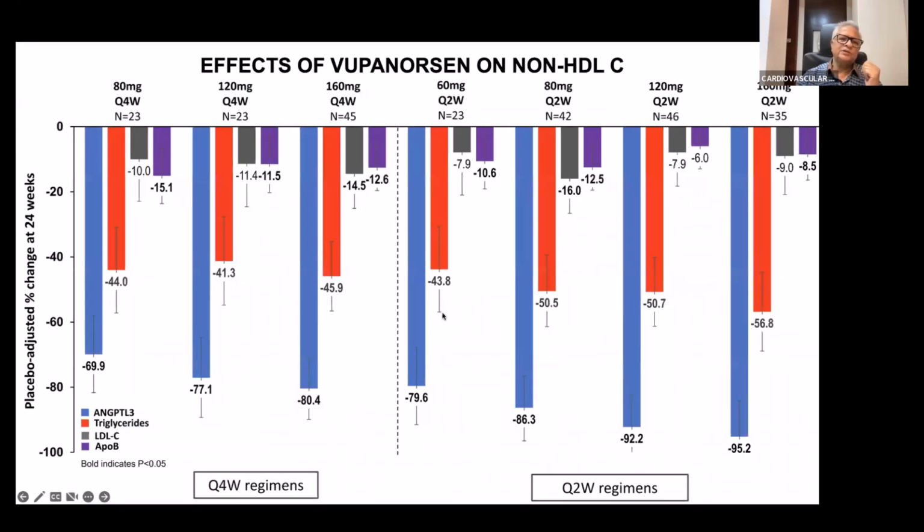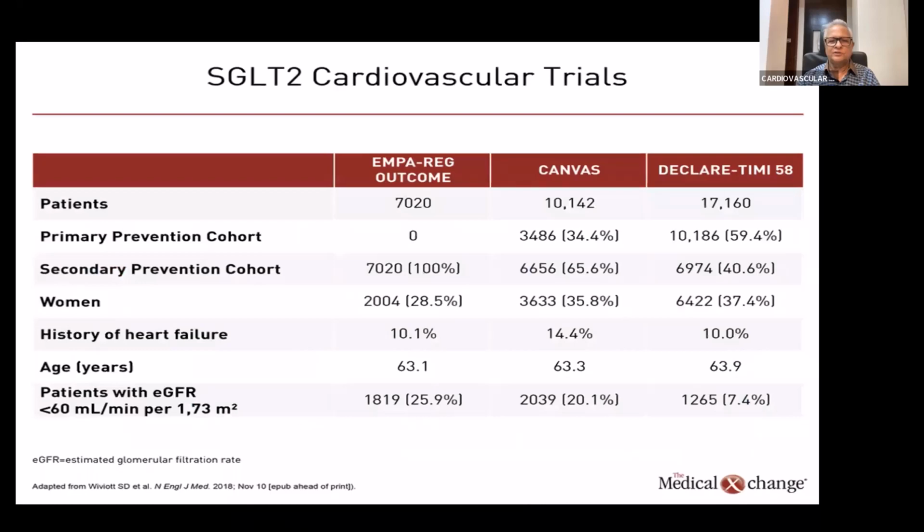With an 80 milligram dose, it reduces angiotensin-like 3 by 44% and 69%, which is supposed to be a significant parameter to reduce, along with LDL-C and ApoB reduction. So if you increase the dose, there is a decrease in all risk factors related to lipid cardiac disease.